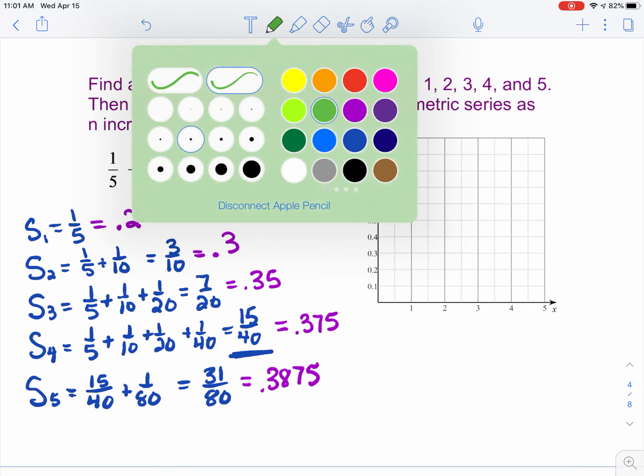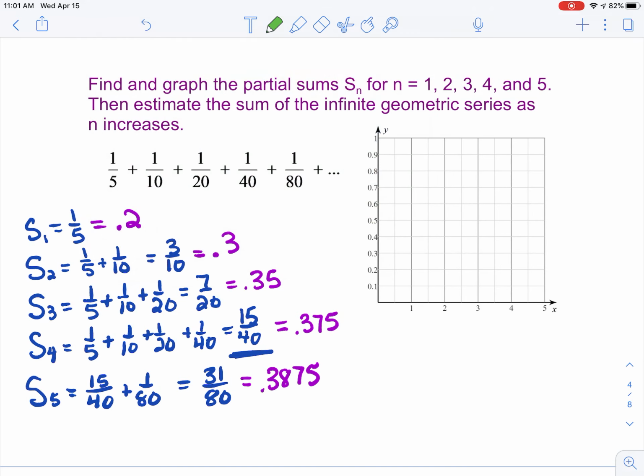Okay, so how are we going to get our points to graph this? So this point right here comes from 1 and then your answer, so 1, 0.2. This point comes from the 2 and 0.3.